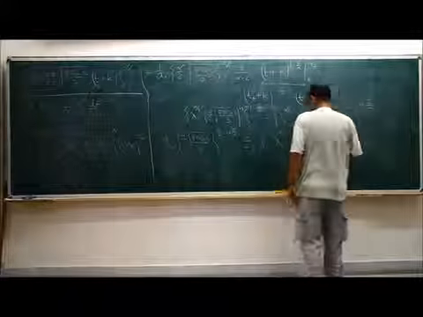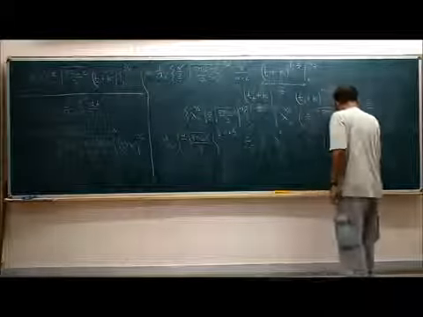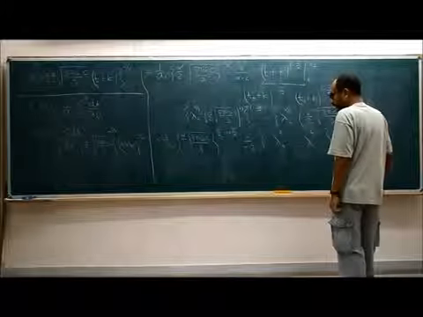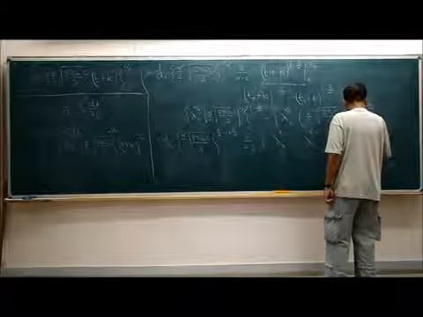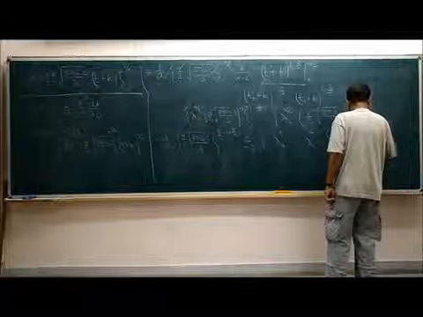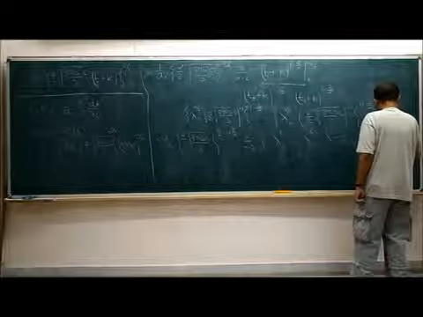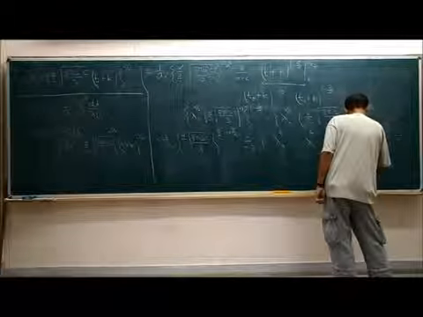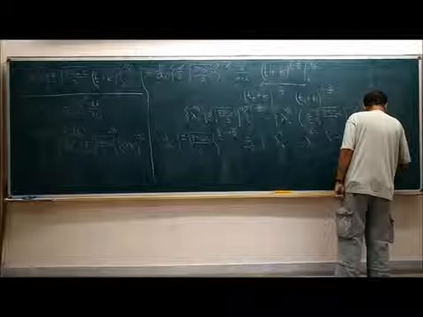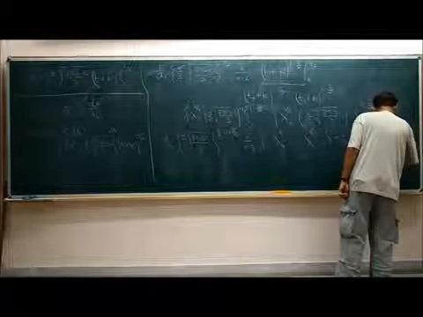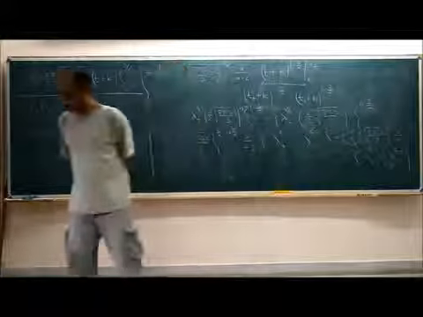So you can simplify this a little more. 1 over a naught times... okay, this looks like a simple enough formula.